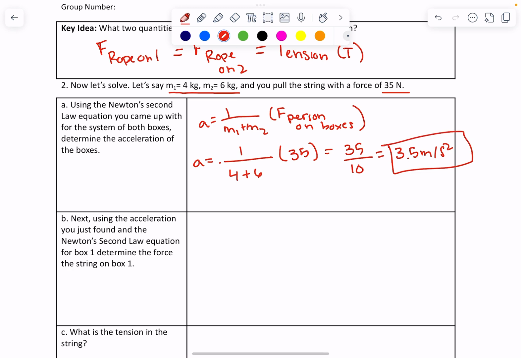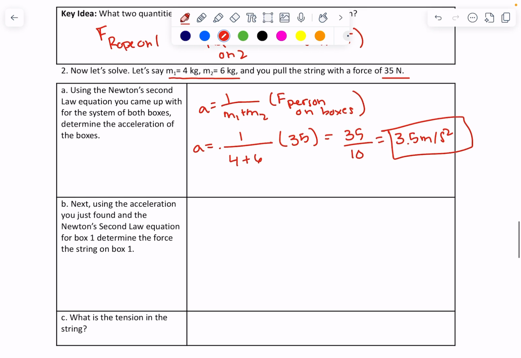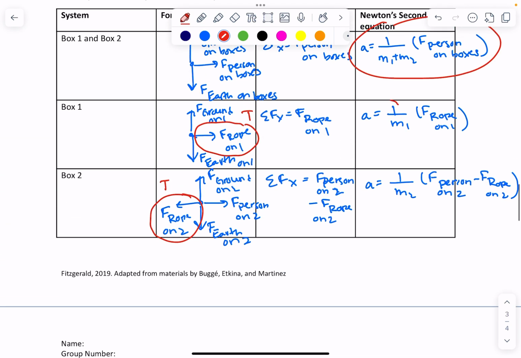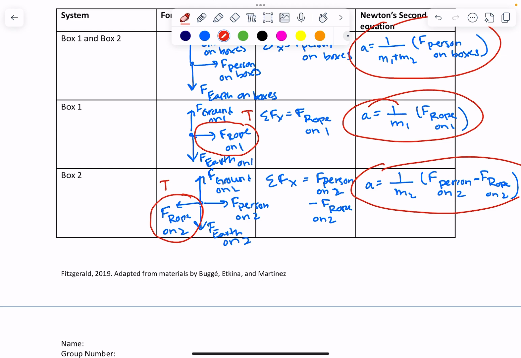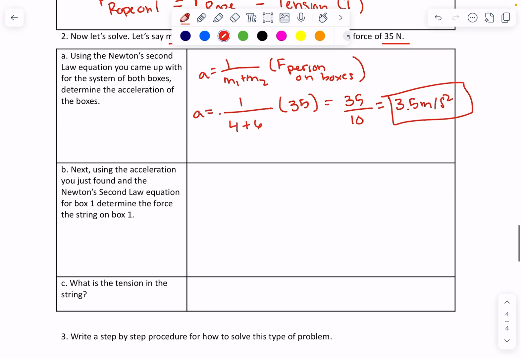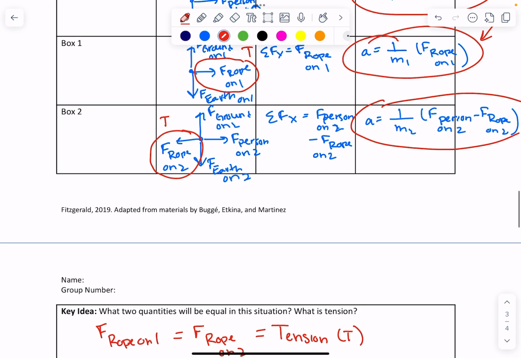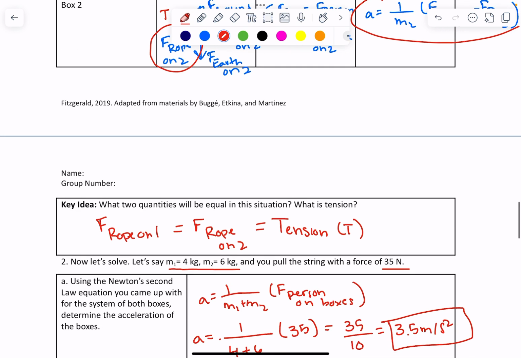Now we're going to use the acceleration to find the force the string exerts, so we're looking for the tension force. You can decide whether to use the equation for box 1 or box 2. They're both going to give you the same answer, but I'm going to use box 1 because it's simpler. So acceleration is 1 over m1 times that tension force, where I'm replacing force rope on 1 with T for tension.